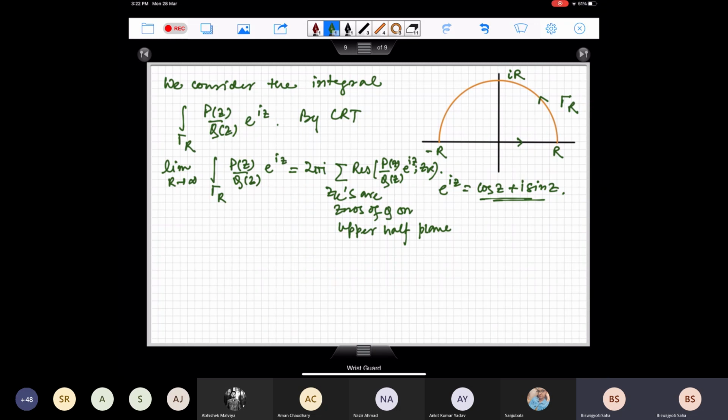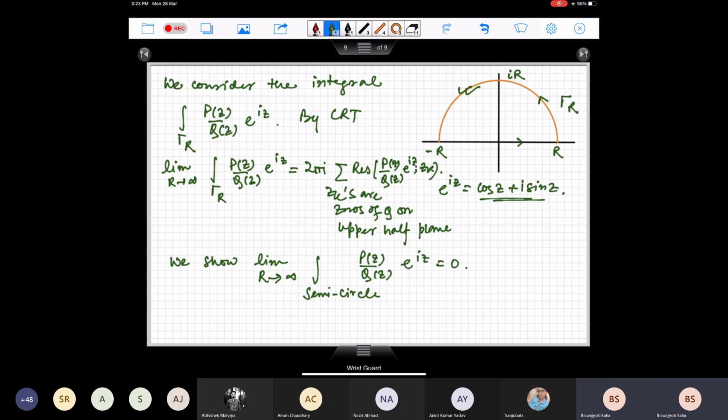So now what I am going to do is show that on the circular arc, again as before, this integral vanishes. So we show the limit as r tends to infinity of the integral over the semicircle of p(z)/q(z) e^(iz) is equal to 0.